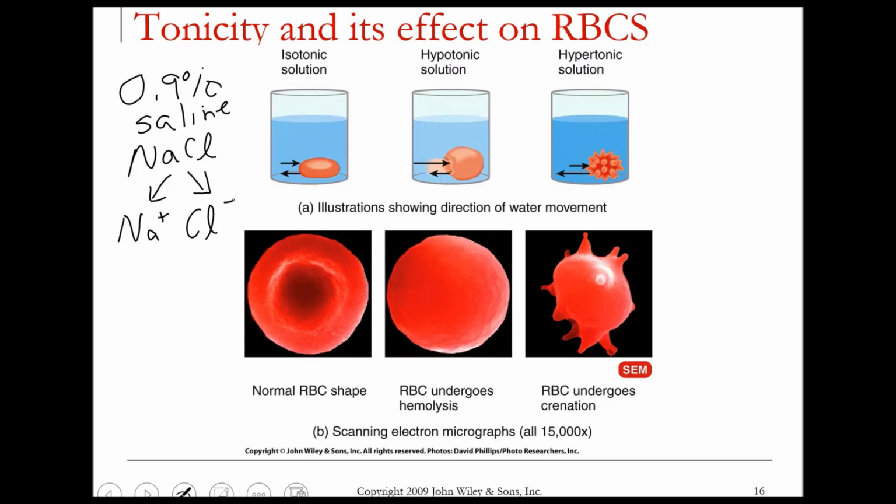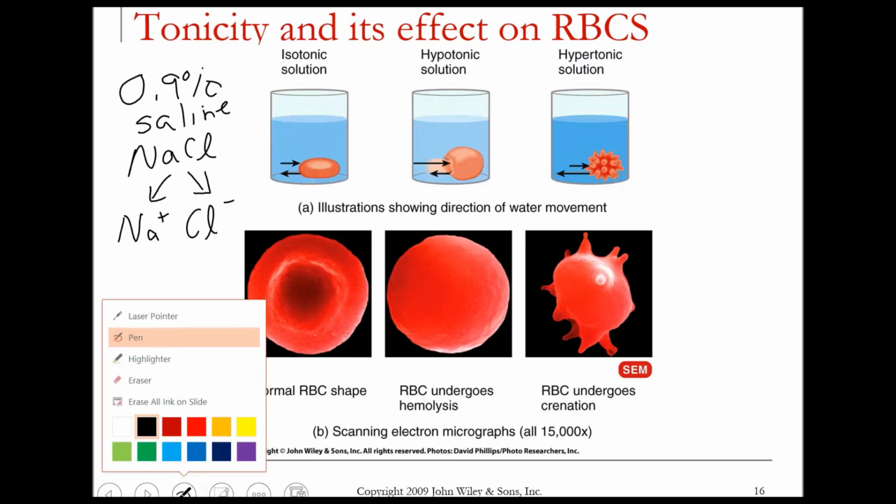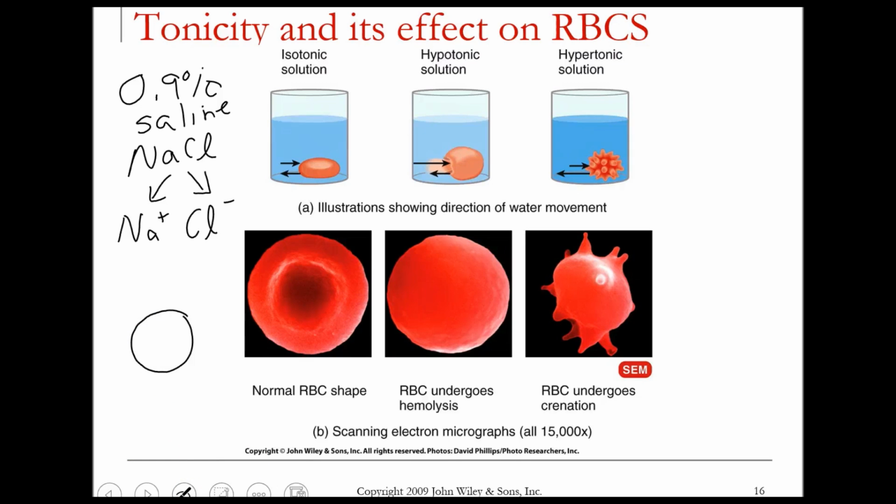Now let's think about what's happening in terms of osmosis if you have a hypotonic solution. So if we have a cell, and remember, inside that cell is usually going to be 0.9% saline, and yet water begins to enter that cell, which side of the cell has the higher water concentration?